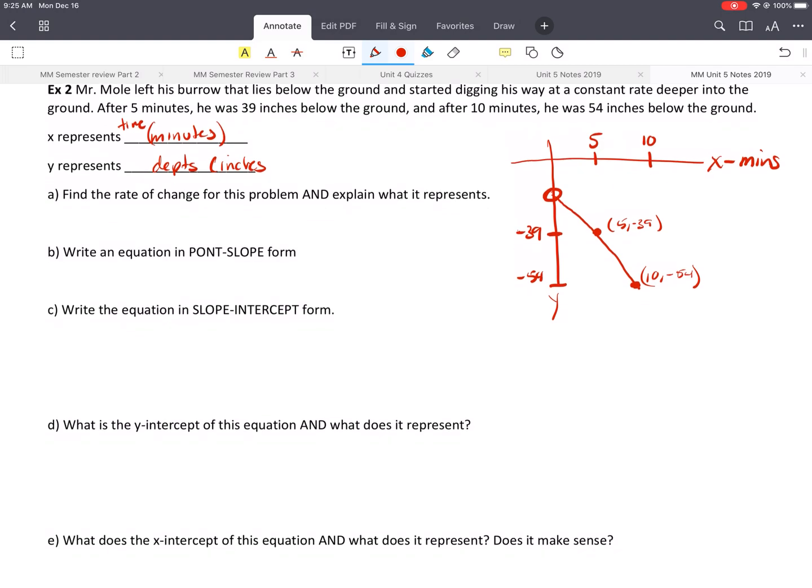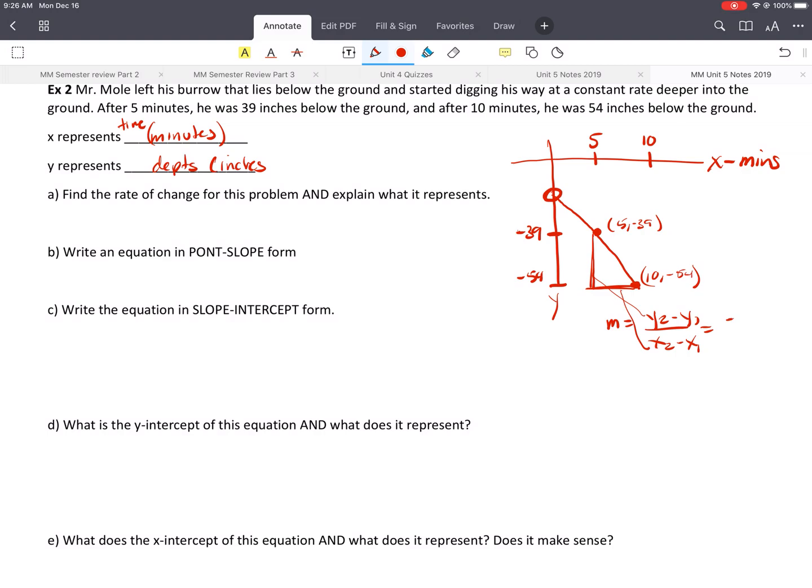Okay, all right, so we want to find the rate of change. So we could use m equals y2 minus y1 over x2 minus x1. You could basically say the difference here is y2 minus y1, and then this is the difference in your x's. Okay, so however you want to do that, it'll be just fine.